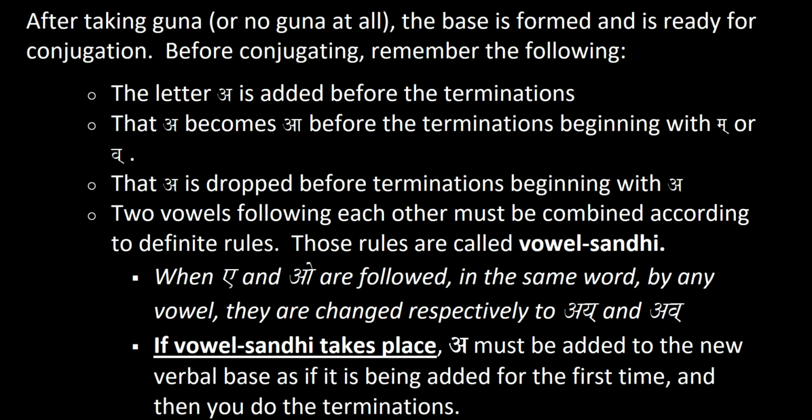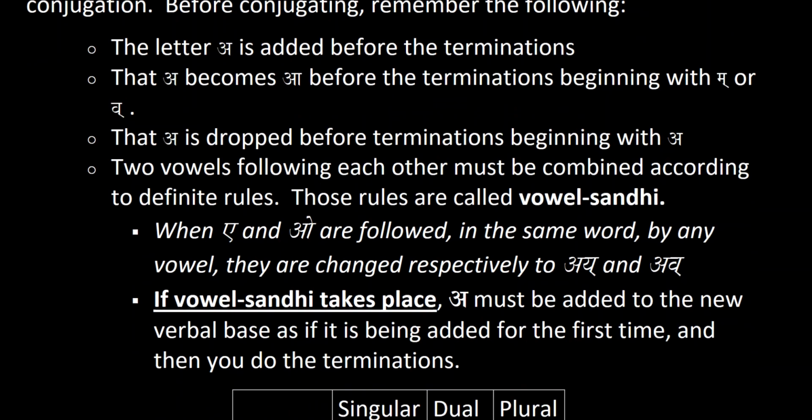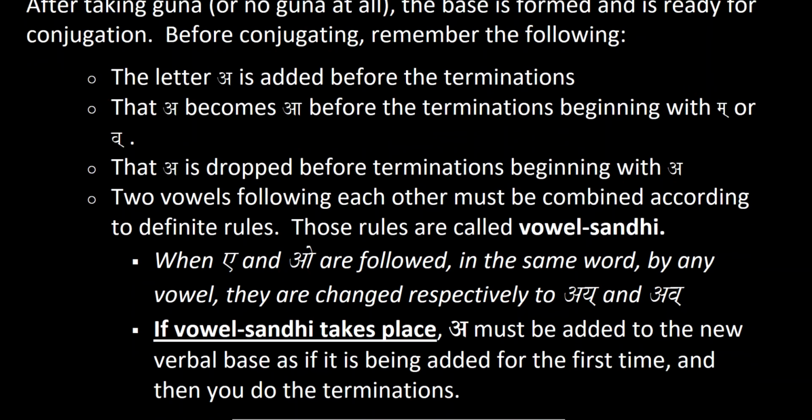That's why I'm pronouncing it that way. The a is dropped before any termination that already has an a in it. So for any termination that begins with a, the two vowels following each other must be combined according to definite rules.